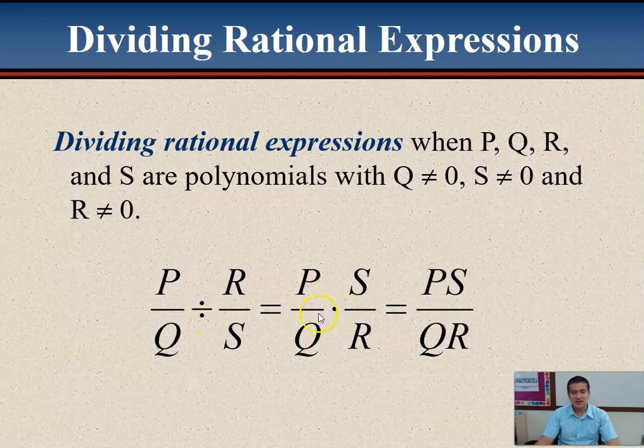Okay, p over q divided by r over s equals p over q times s over r, because we're going to find the reciprocal of r over s, which becomes s over r. And then remember, q and r will not be equal to 0, and s will not be equal to 0, because if s becomes 0, therefore the rational expression will become undefined.